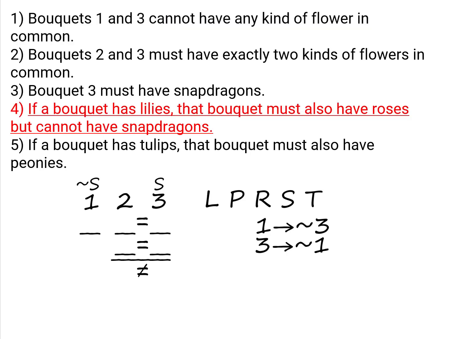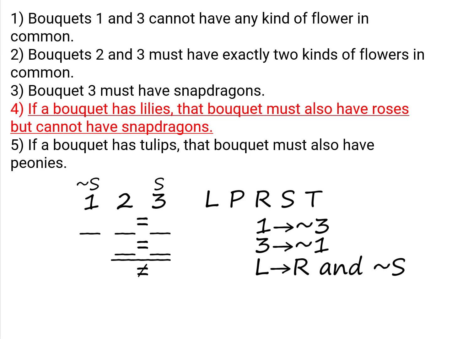Rule 4 is a bit of formal logic, and a little bit of complicated formal logic. If a bouquet has L, then it must also have R, and it can't have S. So when we write that into formal logic, we're going to see L means R and not S. Of course, we also need the contrapositive. Remember, when you make the contrapositive, flip, negate, and then any ands need to swap over to ors, and any ors become ands.